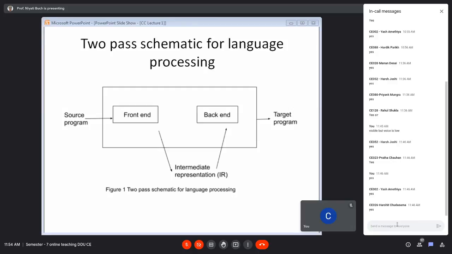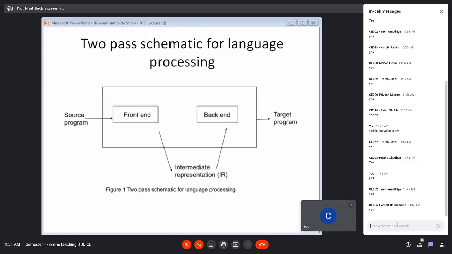Yesterday we came across some words like tuples, triples, quadruples, three address code. We saw some examples of three address code. How they are generated, or what rules are to be followed, that we will learn, and that is the outcome coming from our front end, which is our intermediate representation.